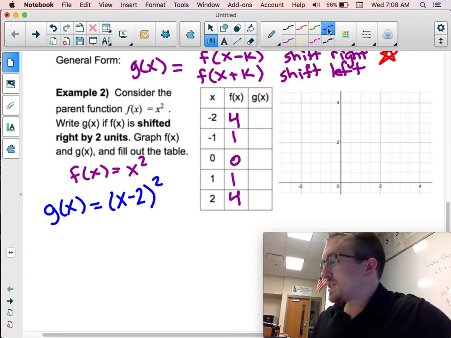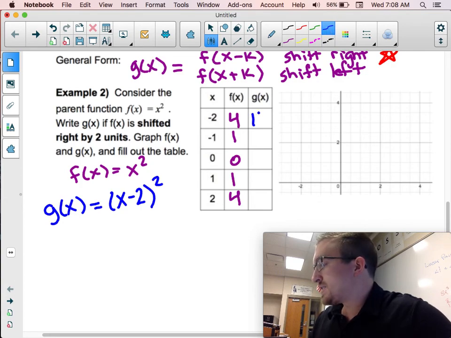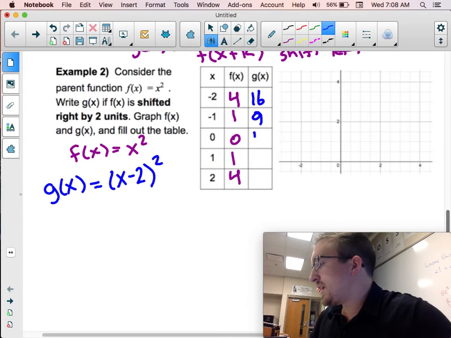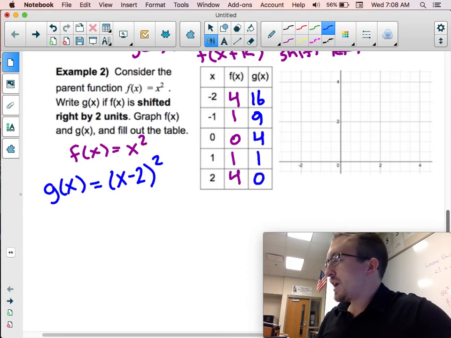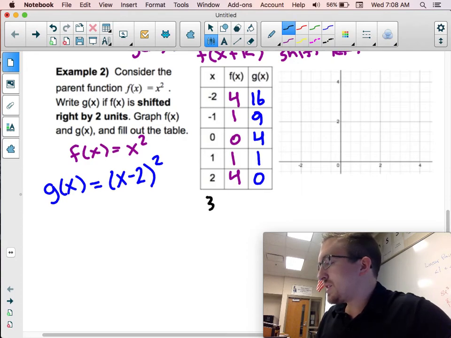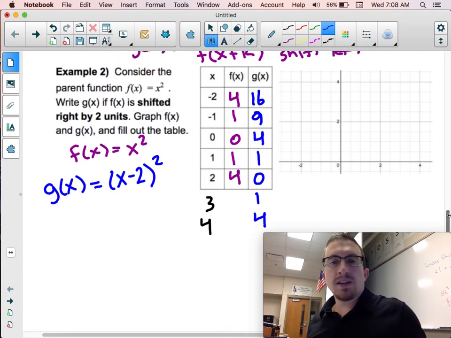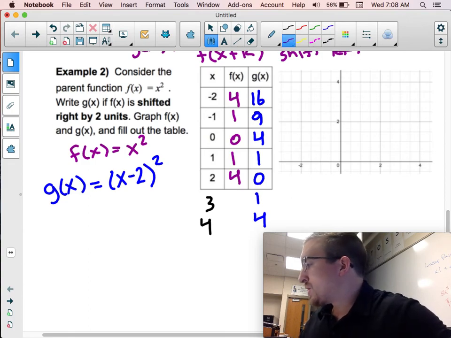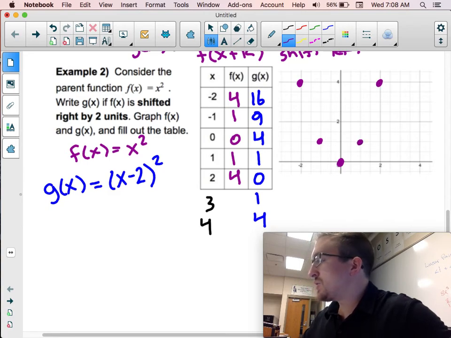If you do plug this into a table of values, you'll find this, 16, 9, and then you'll see our pattern repeat, 4, 0, and if I continue down here to the values 3 and 4, this value will repeat right here. Basically taking the end of our normal quadratic here, that's normally way up above the axes that I gave you on these notes, right?